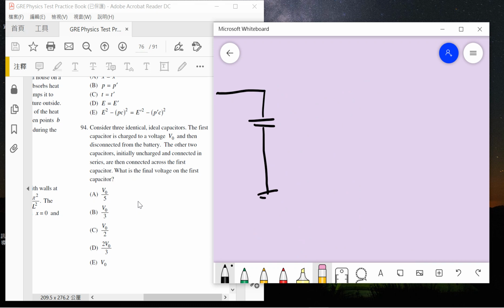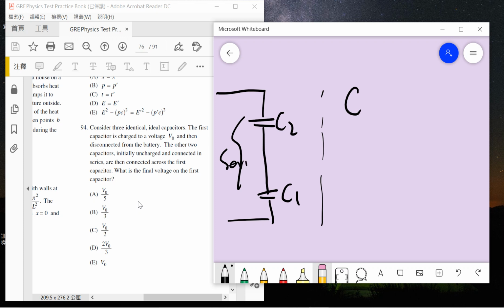If I give you 2 capacitances, in series the total capacitance is 1 over (1 over C1 plus 1 over C2). If they are in parallel, it is C1 plus C2.